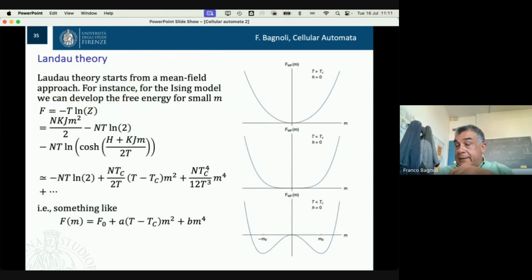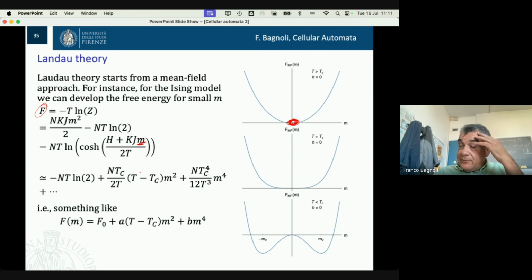And we can also try to formulate an extension of the mean field, which is the Landau theory. The idea is to develop the free energy with respect to the magnetization, and the idea is that the equilibrium expectation value corresponds to the minimum of the free energy.